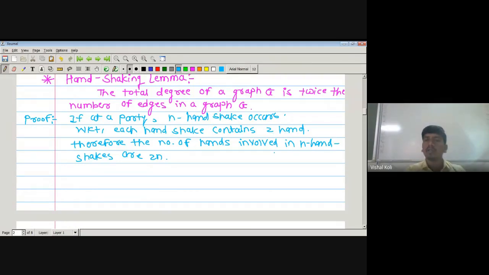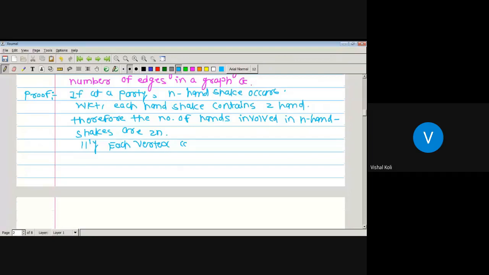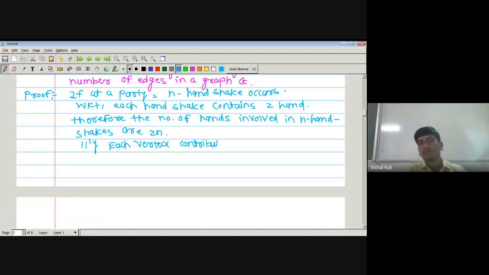Similarly, each edge contributes 2 degree, 1 at each vertex.